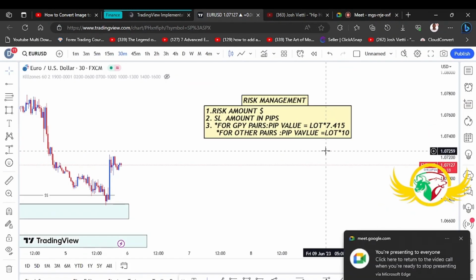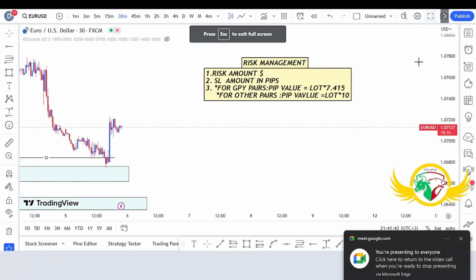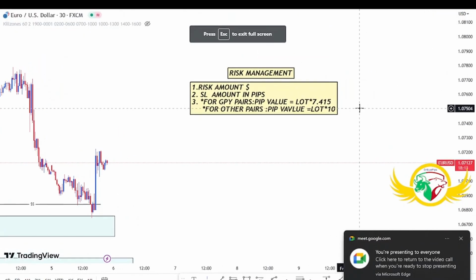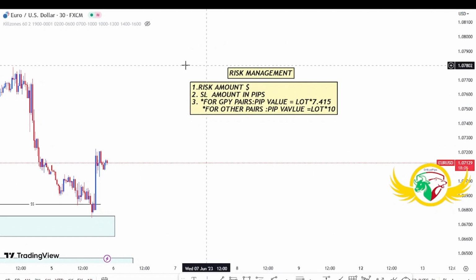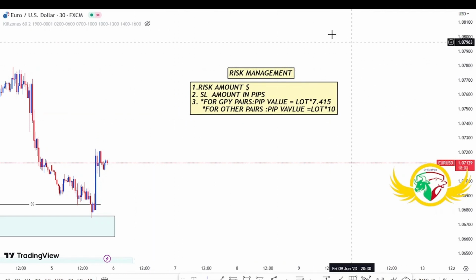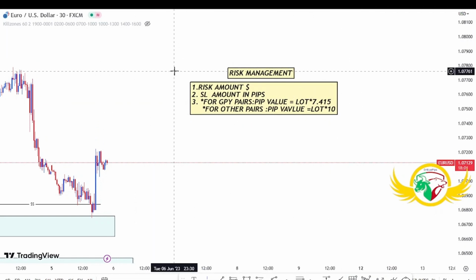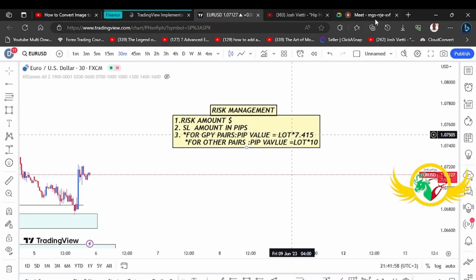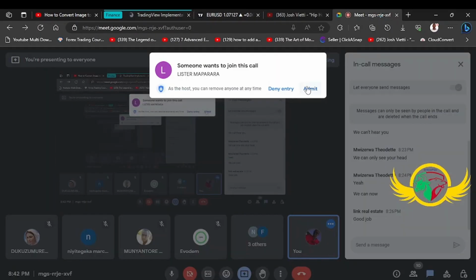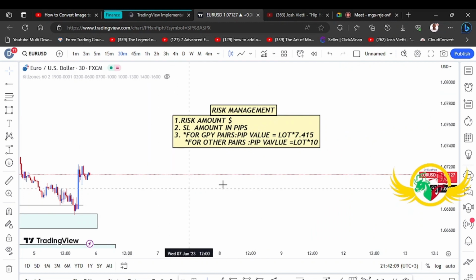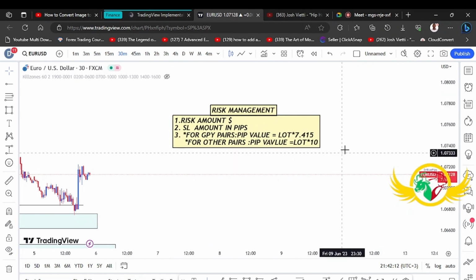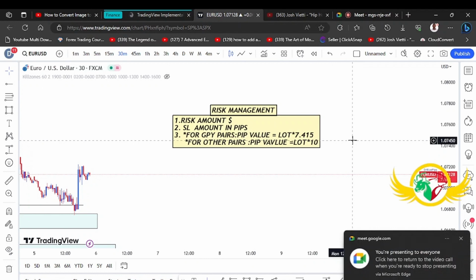So I told you guys, if you want to be a good trader, before you take a trade, you must know your risk. How much are you willing to risk? You can have a $10,000 account, you can have a $50 account, you can have a $100 account.